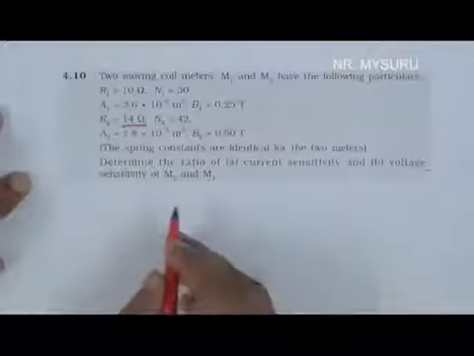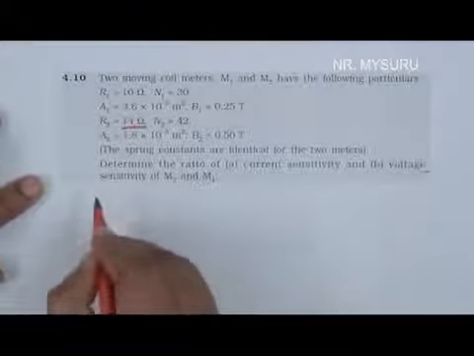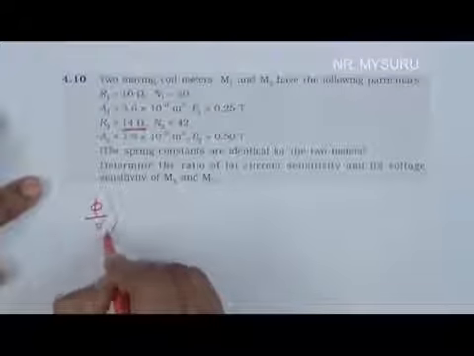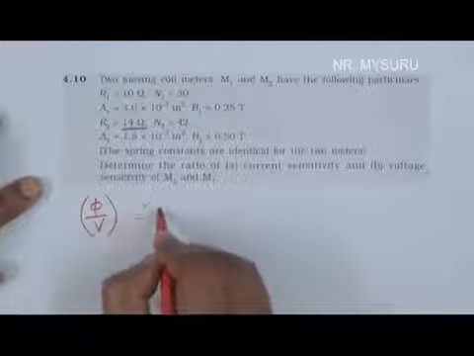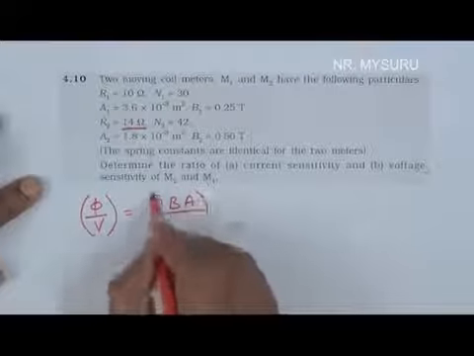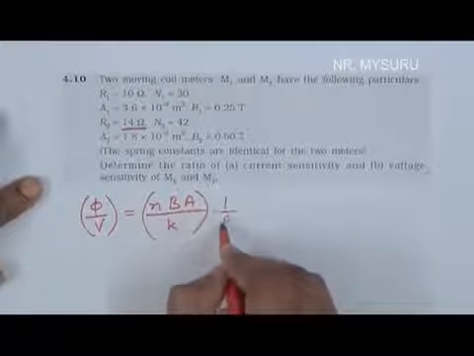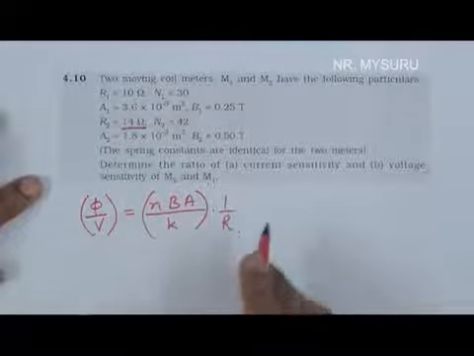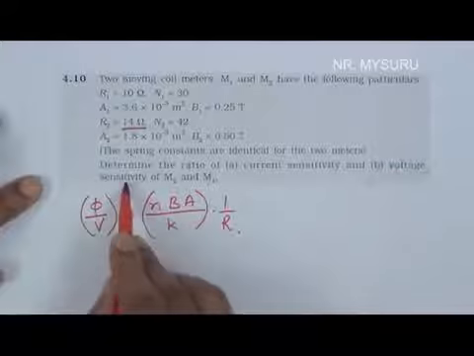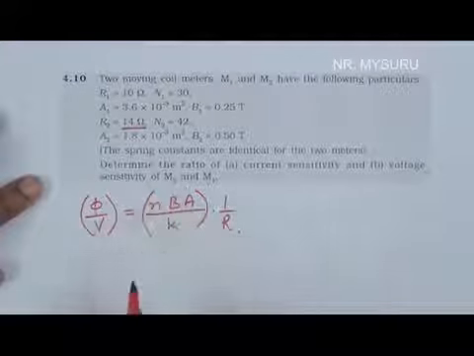This is the ratio. Now voltage sensitivity. Voltage sensitivity is given by NBA by K into 1 by R, where R is the resistance of the coil. Determine the ratio of voltage sensitivity of M2 to M1.